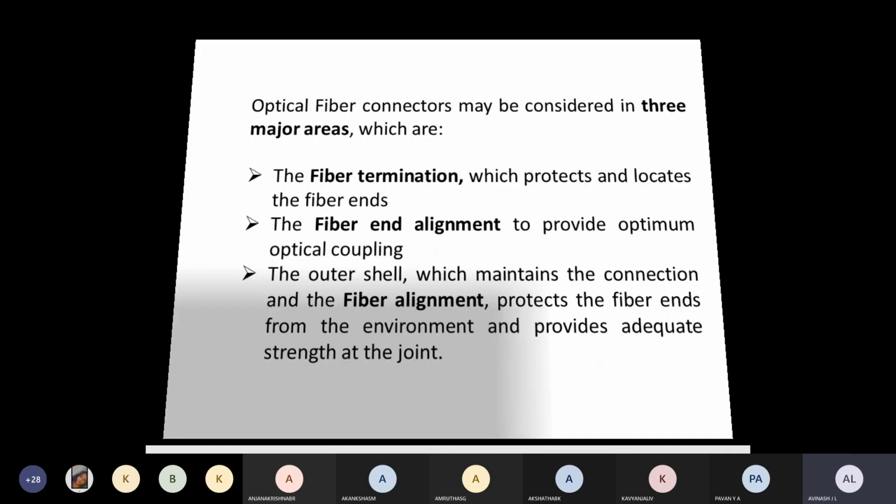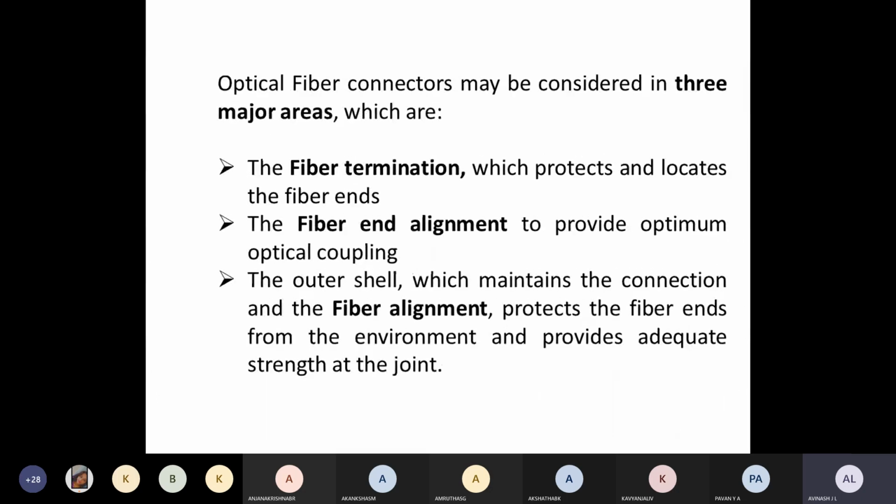So now here optical fiber connectors may be considered in three major areas, which are, again go to the slide.